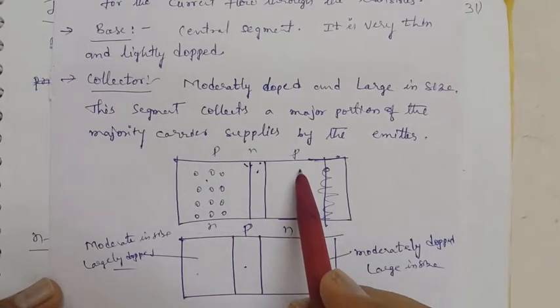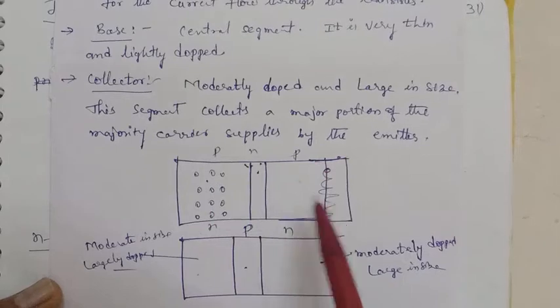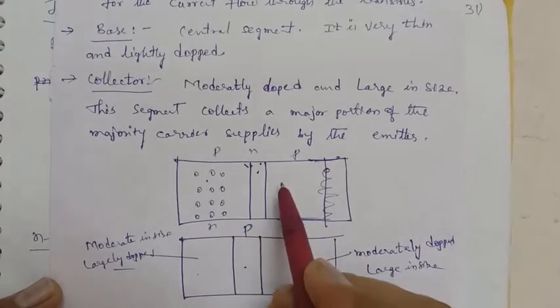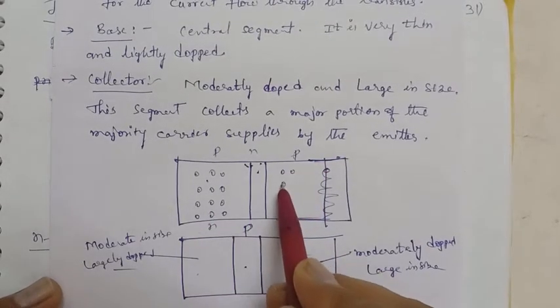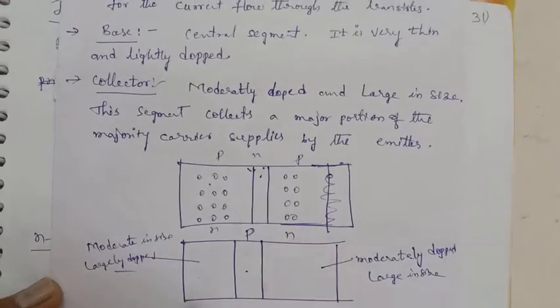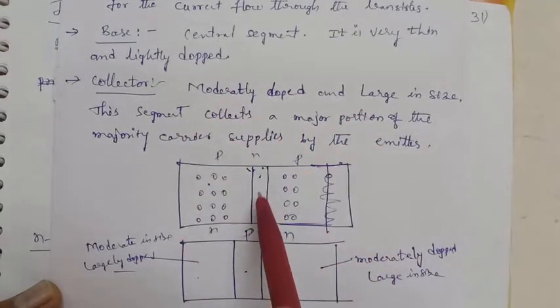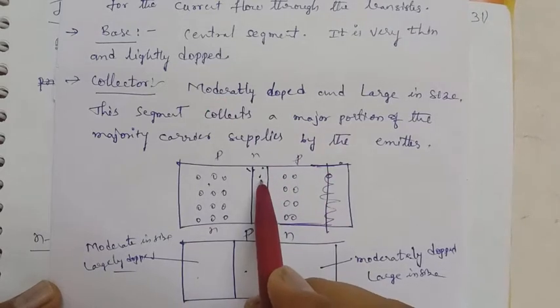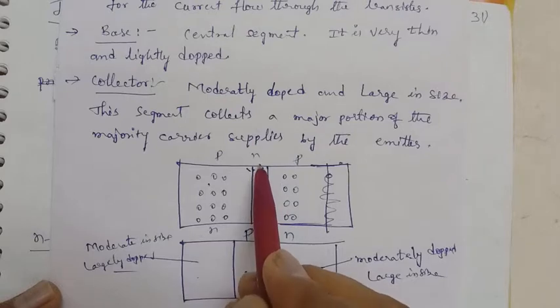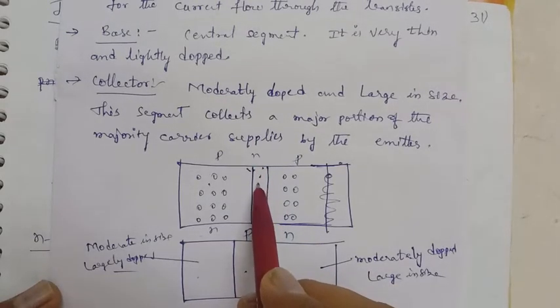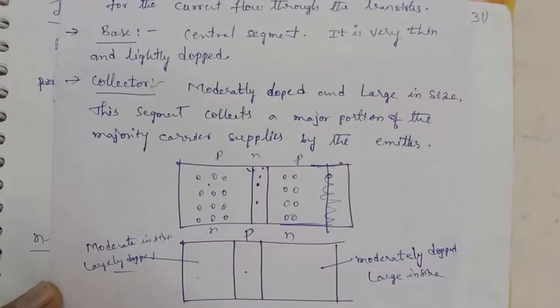On the P side the collector is large in size but moderately doped. Here also holes will be there. But in the base it is very thin and lightly doped. It means in that region the majority carriers are electrons.